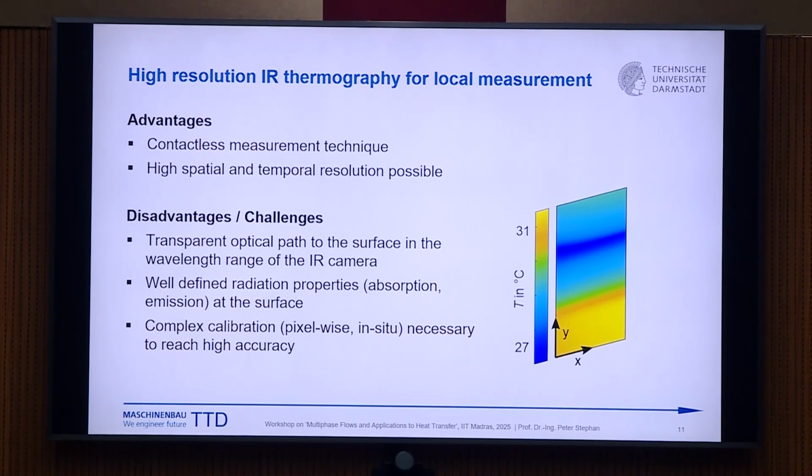We need a surface with well-defined radiation properties, so we coat it in this case. And of course, the calibration is not very simple. It needs to be pixel-wise and in situ to reach the necessary accuracy. So calibration is a major thing if you have a moving target.